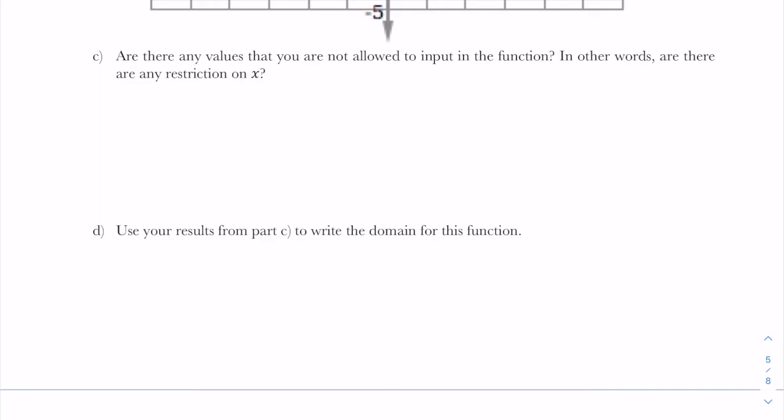Once again, are there any values that you're not allowed to input into the function? The answer once again is no. There are no restrictions. All positive numbers, negative numbers, and 0 are allowed.